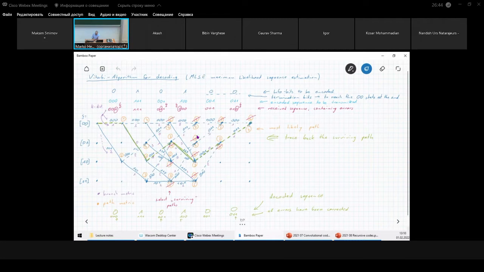But it could also be that we had another 3 here, so the uncertainty for the traceback would be larger, as opposed to when we know that we have to trace back from a well-determined state, like the 0 state at the end. So this is safer, it reduces uncertainty if we have these termination bits.